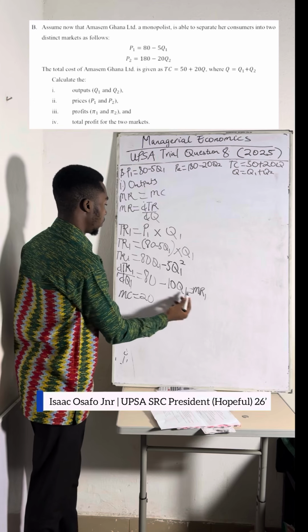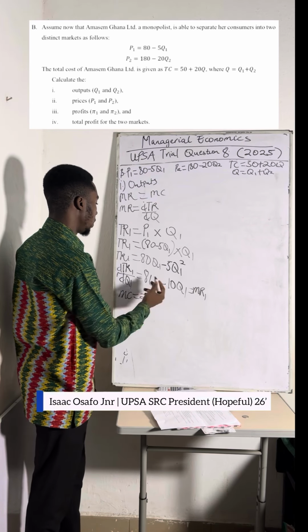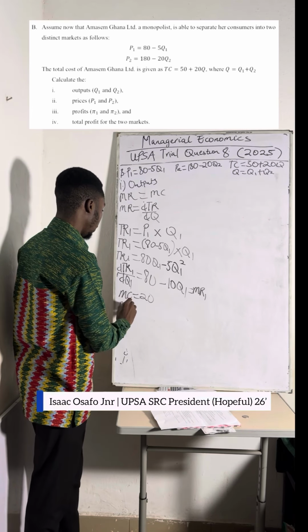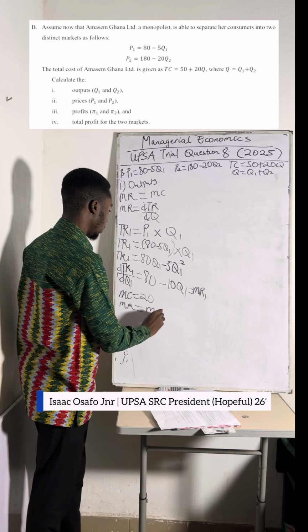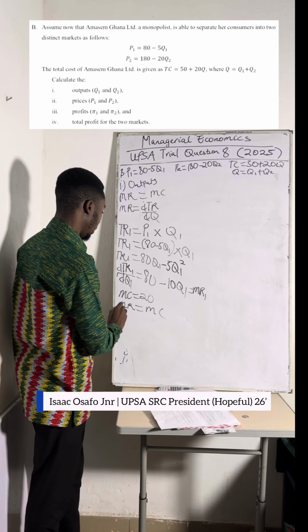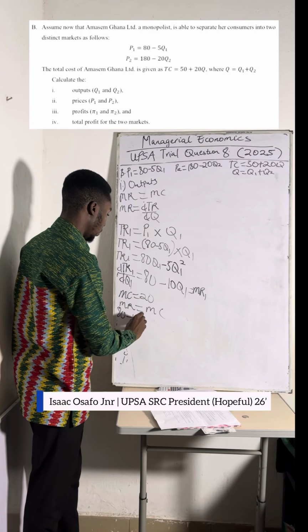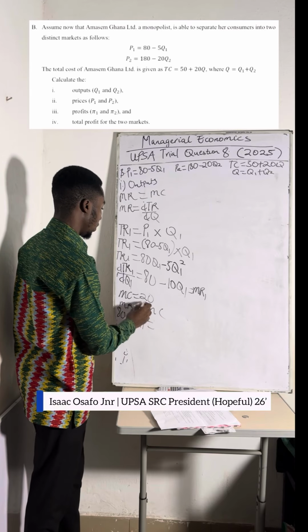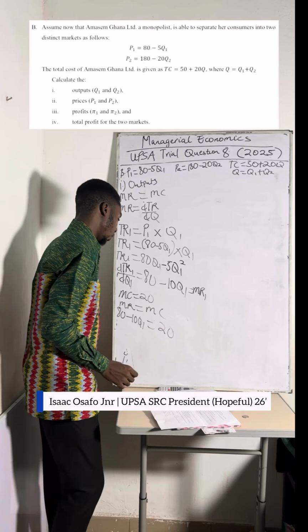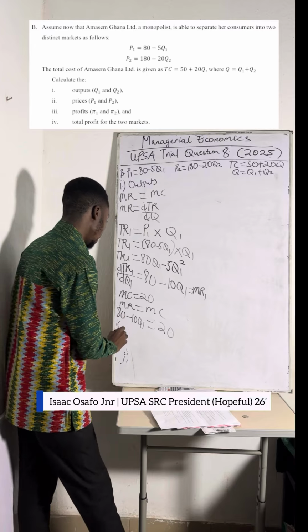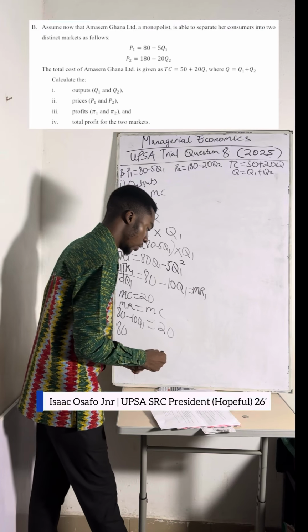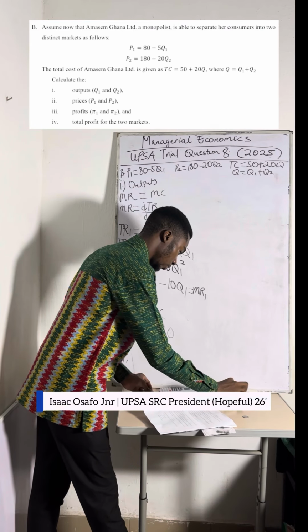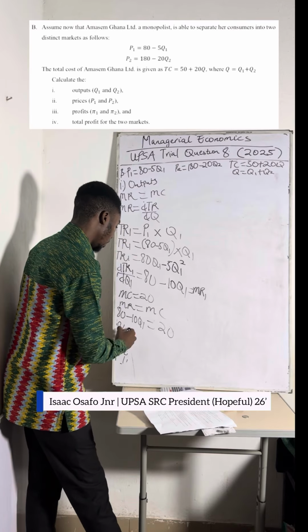And our marginal revenue is 80 minus 10Q1. So marginal revenue should be equal to marginal cost. Our marginal revenue, 80 minus 10Q1, is equal to the marginal cost, which is 20. So 20 will cross the equal to sign to become negative.